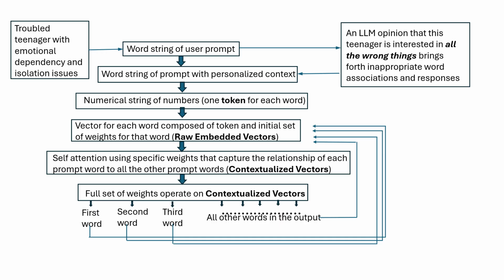And you've read about that in the press, horrible outcomes. I won't go into the details here, but the LLM is still using the same training, the same word biases and weights that it had when it was talking about Charles Dickens, as when it's coming up with these inappropriate word associations based on the prompts that this troubled teenager is giving it.